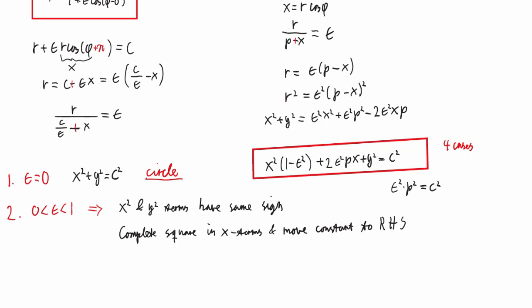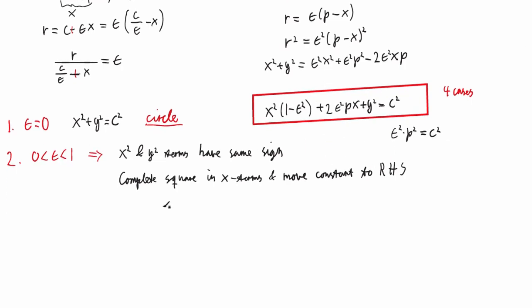And if we do a little bit of work, we will find that we get x plus d squared divided by a squared plus y squared divided by b squared equals 1. This is the equation for an ellipse. In fact, this is the equation for a translated ellipse.